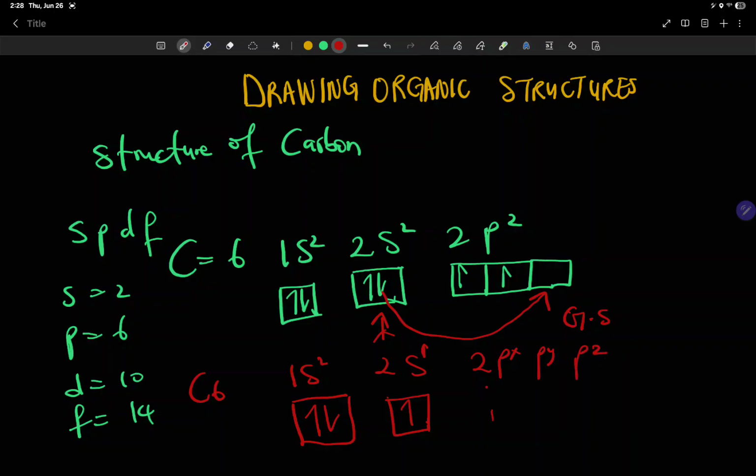So it's going to be this, right? Okay, let me differentiate it. So this is the elevated electron in the orbit of carbon.